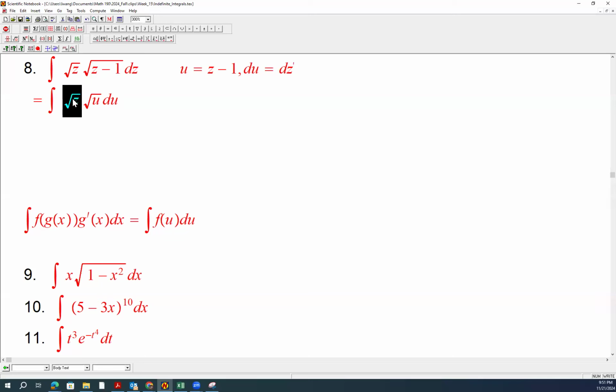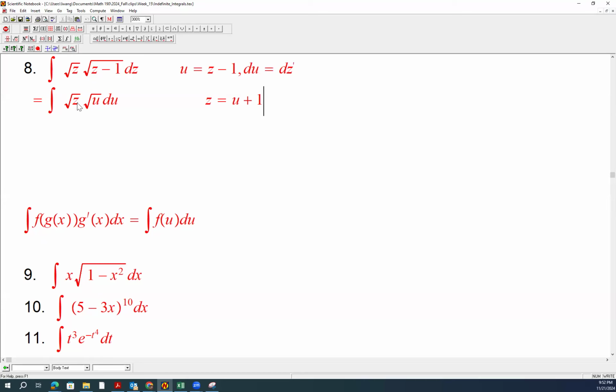The question is how we're going to handle root z, because this piece is not expressed entirely in terms of u yet. So what we can do is solve for z. Z is equal to u plus 1.